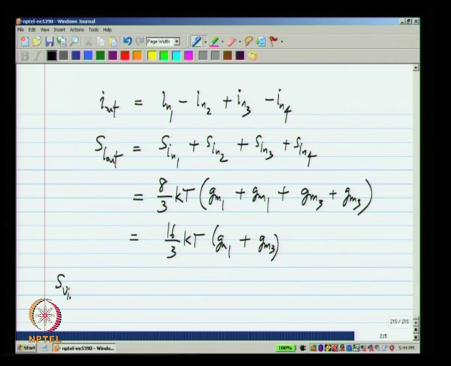and the input referred noise voltage source is nothing but SI out divided by GM1 square. Because an output current can be represented by an equivalent input voltage by dividing I out by GM1.